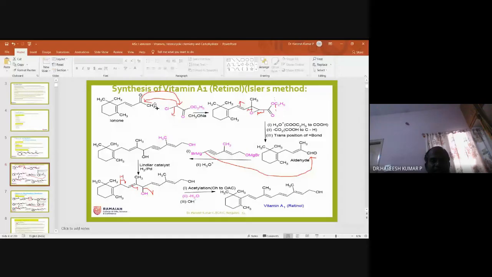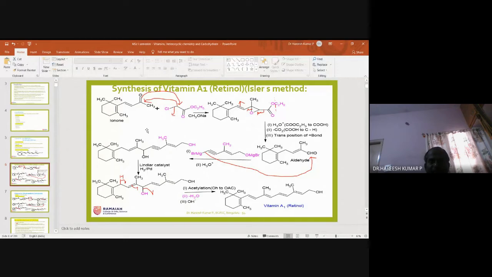The obtained anion reacts with the electrophile, here the carbonyl carbon. When a new bond forms between this carbon and this carbon, the lone pair attacks over here, because Cl is going out. That is how the epoxide is formed. So this is a name reaction.